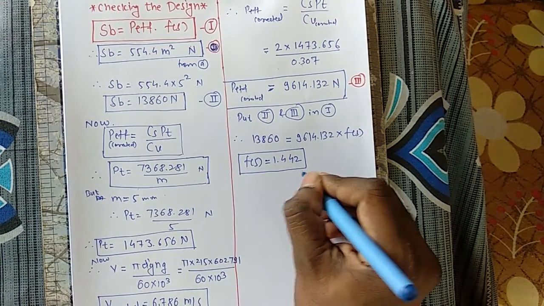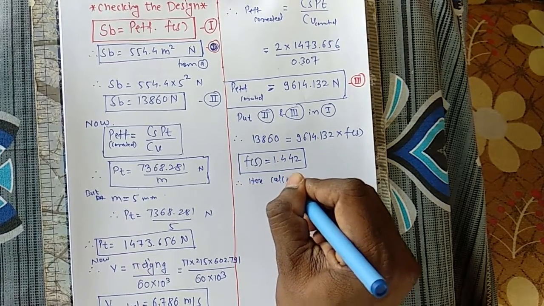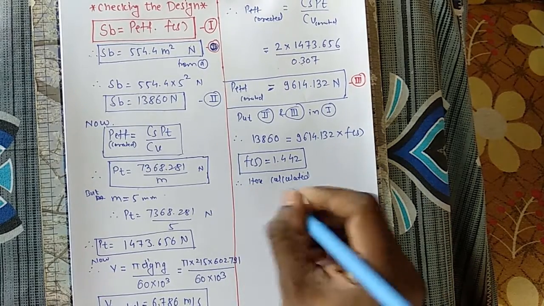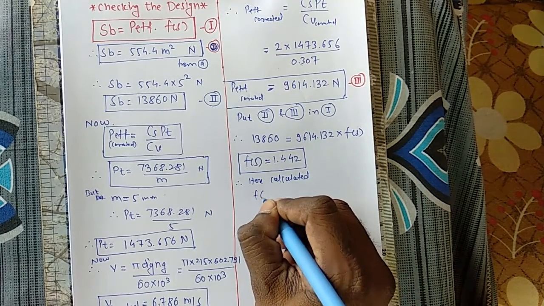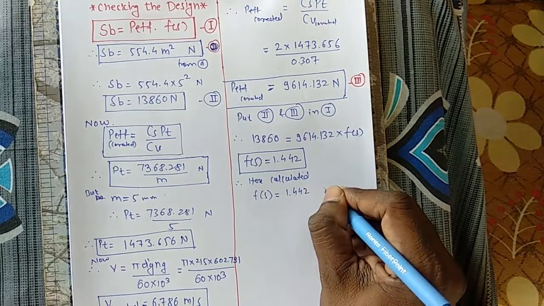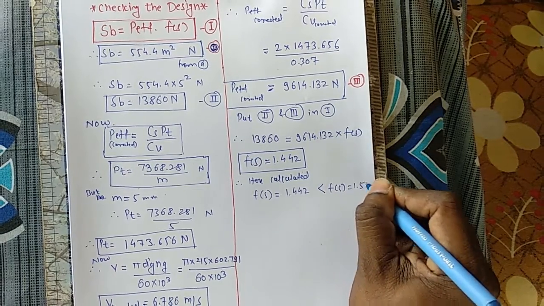This is the calculated factor of safety. So I will say the calculated factor of safety (1.442) is less than Fs given in the problem.